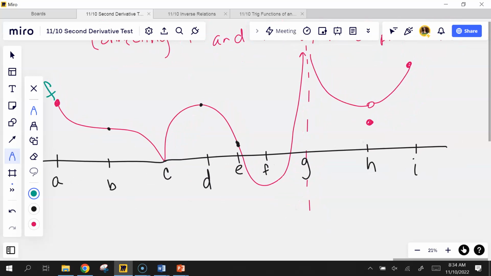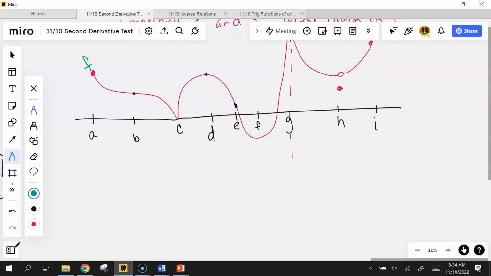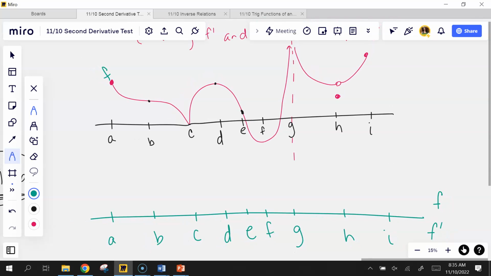In fact, let's connect this with the sign chart we're used to seeing. We'll call this F prime and F, and we'll put all our same values. Closed interval.